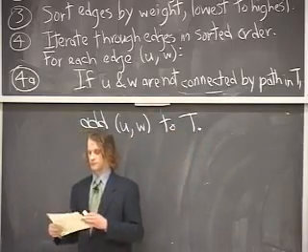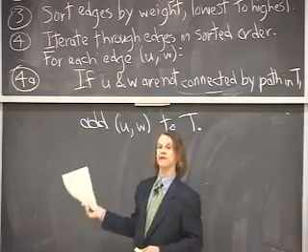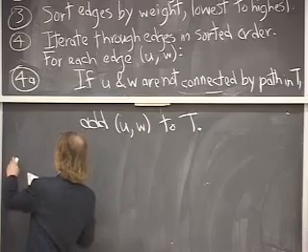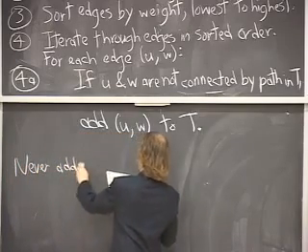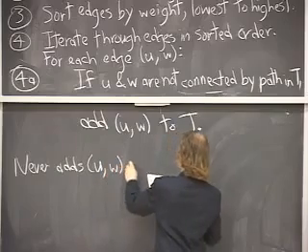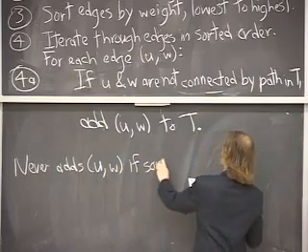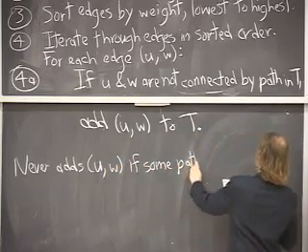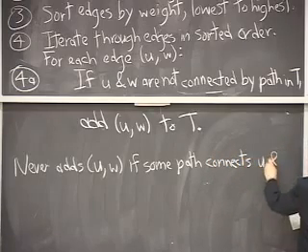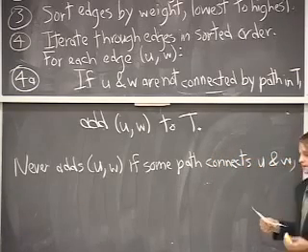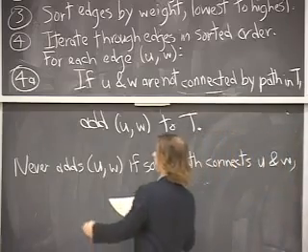Now, let me point out a few things about this algorithm. First of all, because this algorithm never adds an edge, UW, if there is a path that connects them already, T is guaranteed to be a tree.